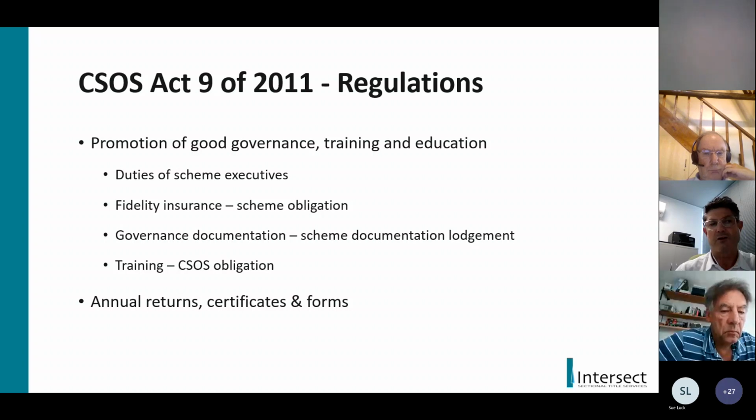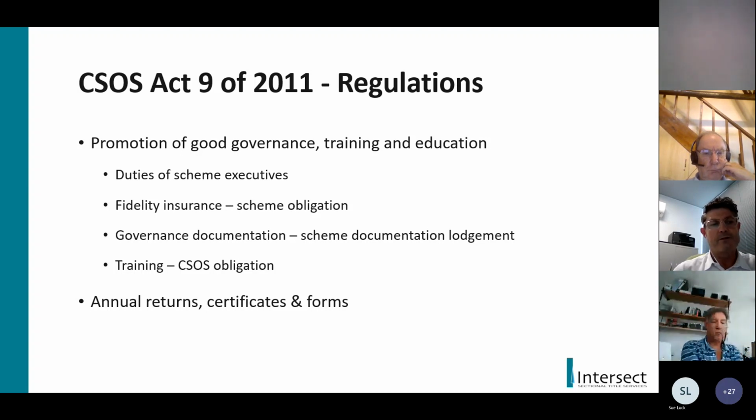So there's an obligation on the scheme executives to ensure that the documents are provided to CSOS on an annual basis, and then when things are changed, for instance, when the rules of the scheme have changed. And then also training. The CSOS Act clearly states that CSOS itself has an obligation to train executives and other interested parties that deal in sectional title.